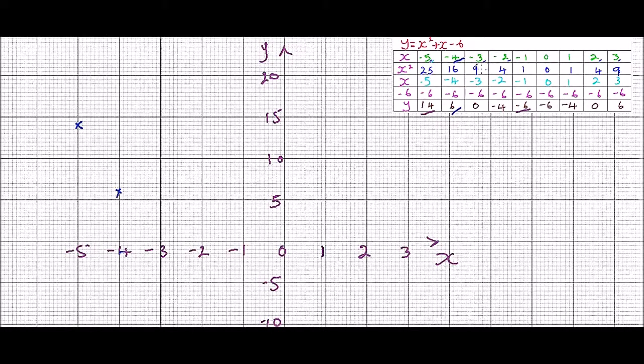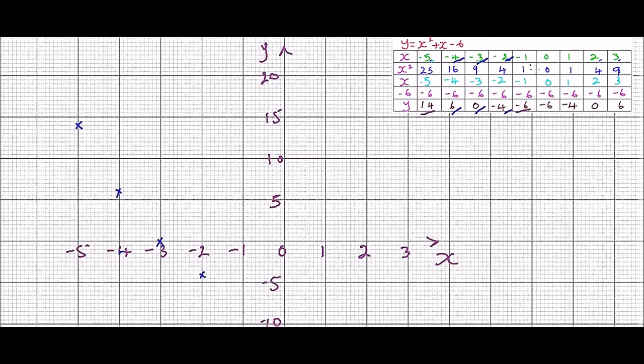When x is minus 3, y is 0. So x is minus 3, y is 0. So that's where we have our point. When x is minus 2, y is minus 4. So minus 4 is there.